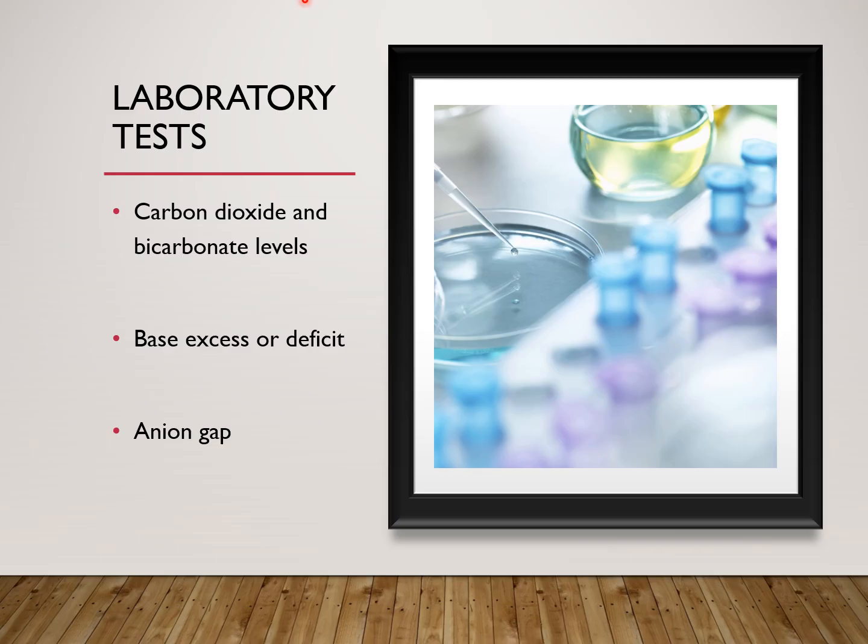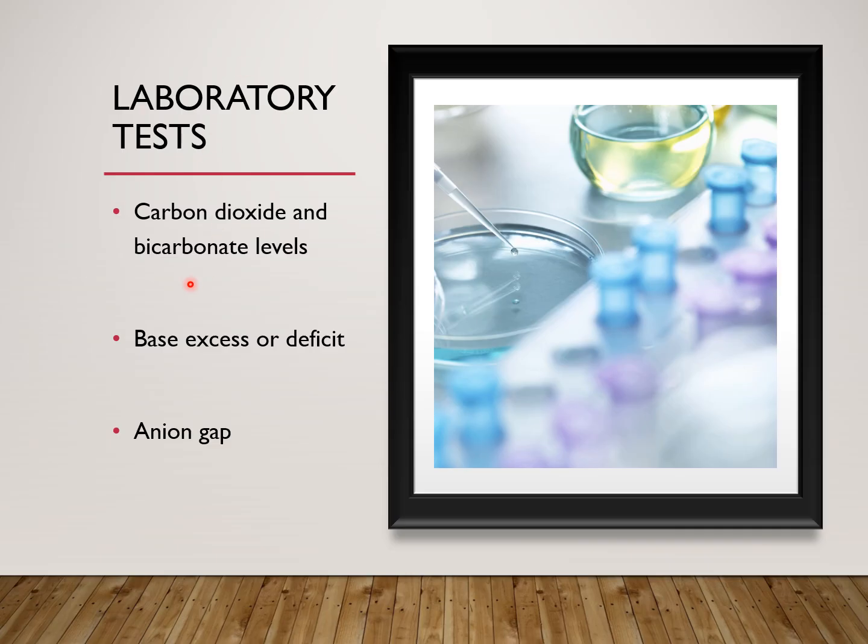These are measurements of bicarb excess or deficit, and these indicate non-respiratory changes in acid-base balance. So if someone has a base excess, or high levels of base or bicarbonate, this indicates a metabolic alkalosis. And if they have low levels of bicarbonate or a base deficit, this indicates a metabolic acidosis.